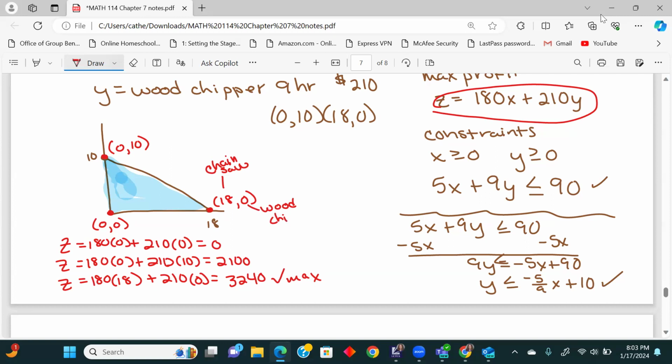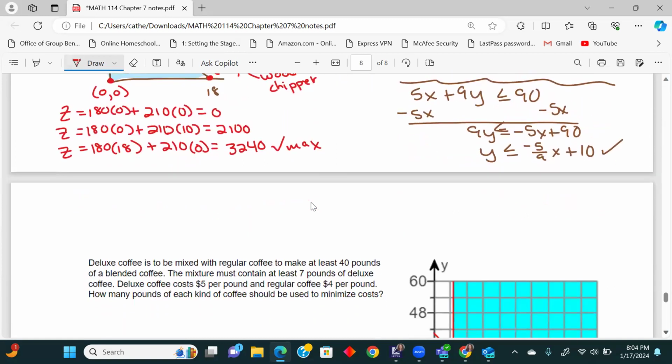Now you may say, well, we make more of a profit off of a wood chipper. That is true, but you also have to remember it takes a longer period of time to assemble the wood chipper than it does a chainsaw. Okay, so that comes into play. Let's go down and look at the last two.